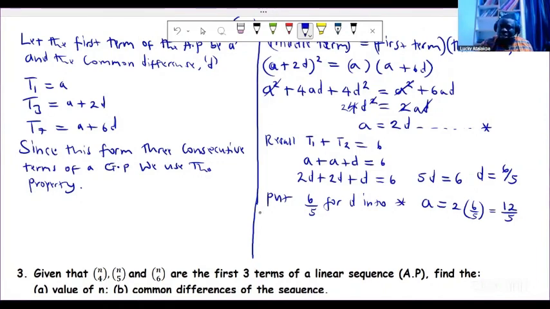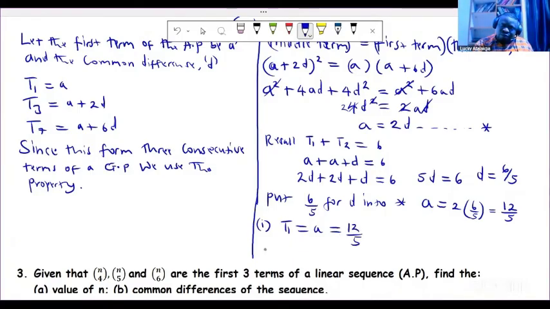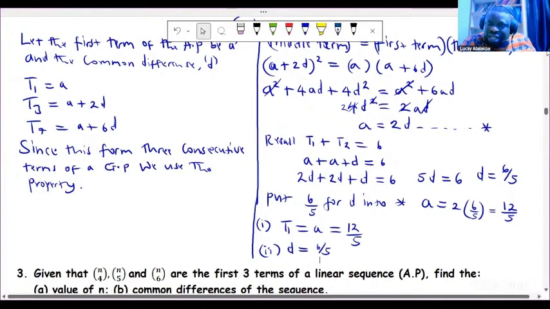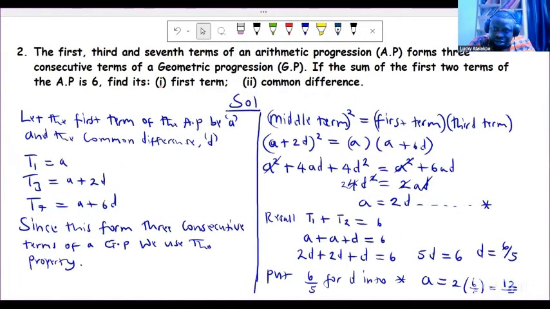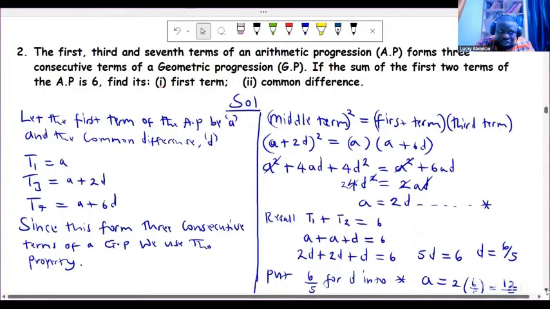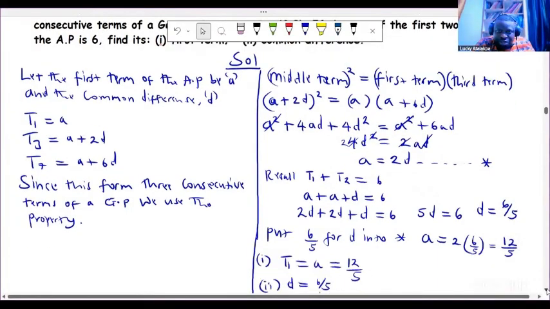So automatically now we found the first term. First term, which is A, is 12/5. And the second question is the common difference D, which is 6/5. I hope we have answered that question thoroughly. Good. So that is it. So let's proceed to the next question.